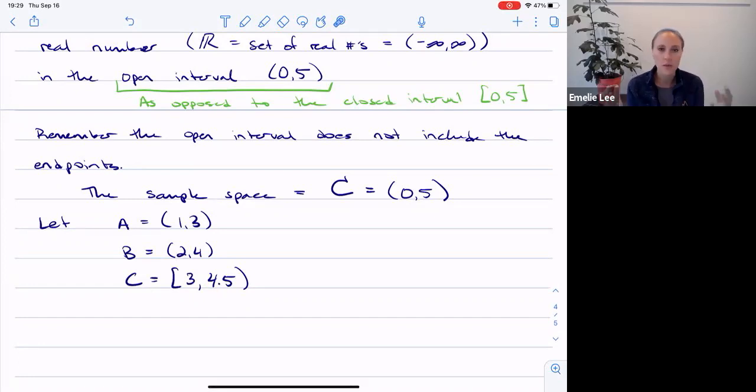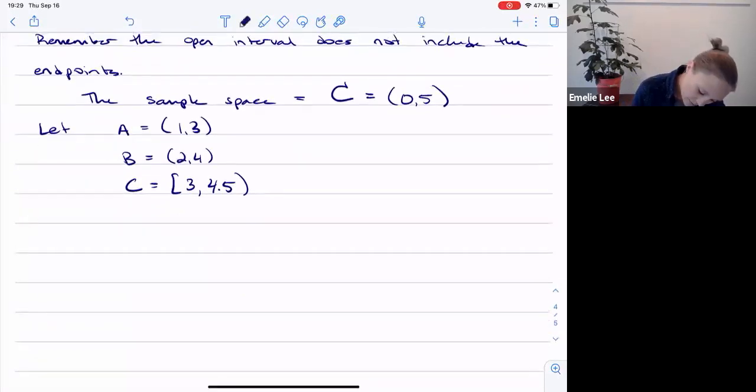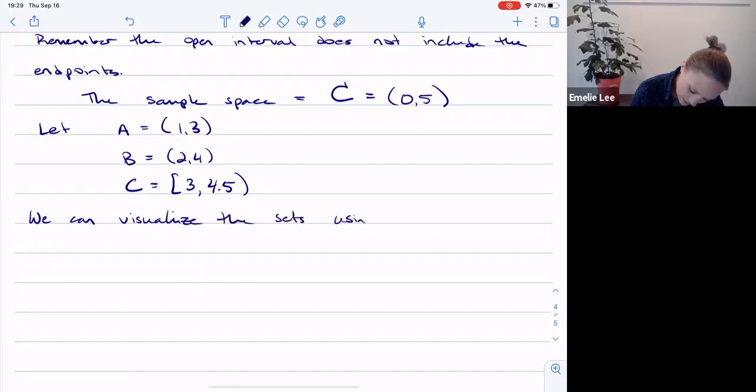So when we're talking about number lines, the easiest way that I find is to visualize it using a number line. So we can visualize the sets using a number line.